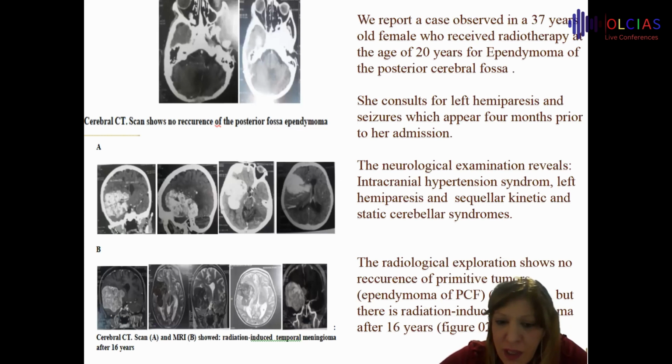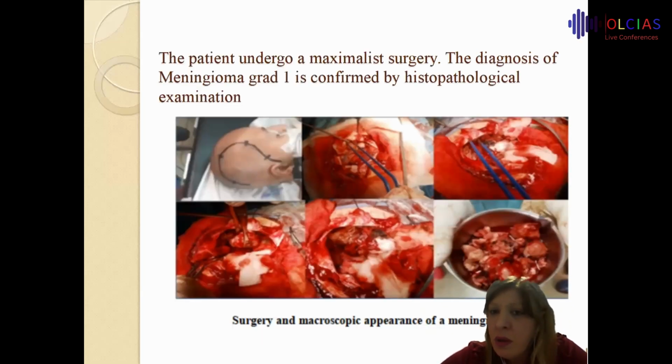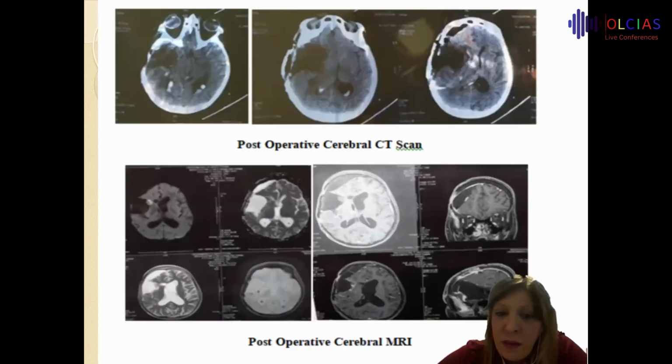So our patient underwent a maximal surgery, and the diagnosis of grade 1 meningioma was confirmed by the histopathological examination. This is the post-operative cerebral scan and post-operative MRI for our patient here. This is the place of a temporal meningioma.